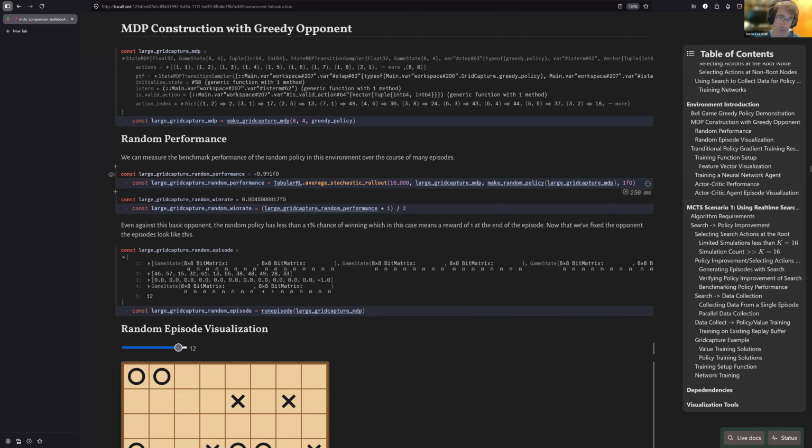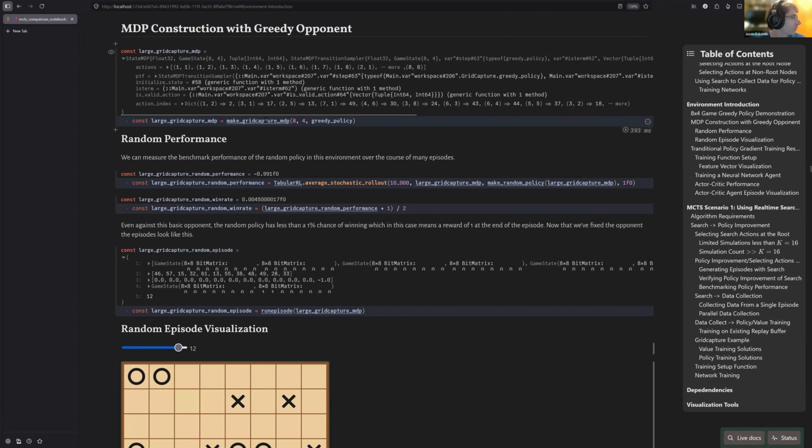And we can see the average performance for the random player is this value. If it was -1, it would be a loss every time, because I also had to make this MDP environment and assign a reward value to every transition. This is a game with sparse rewards, so there's no reward experienced until the final move, whether it's a win, loss, or draw.